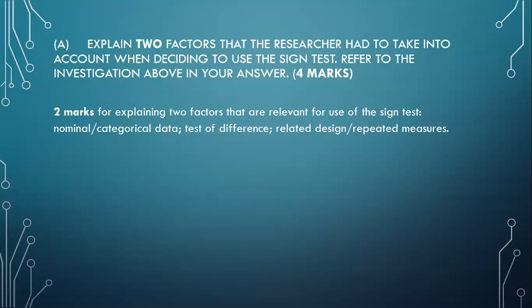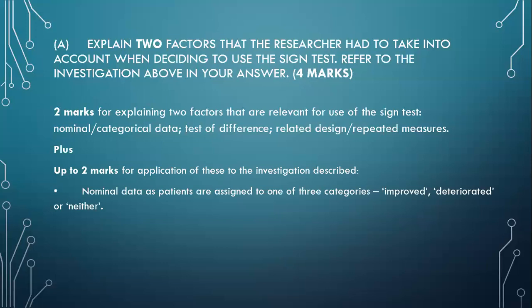Now, for the 2 that you've identified, you've now got to apply, and this is how you get your 2nd mark, for the application. So nominal data, and this is where the stem is really important. Nominal data is as patients are assigned to one of 3 categories: improved, deteriorated, or neither. You've got to include those. There's your application.